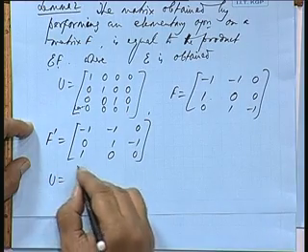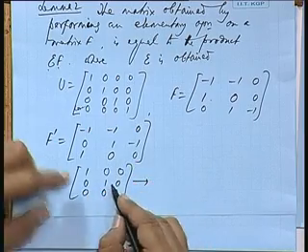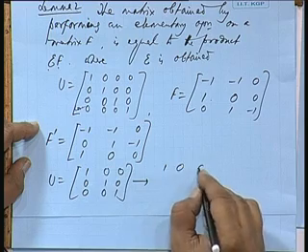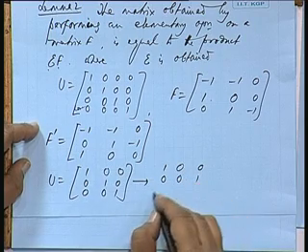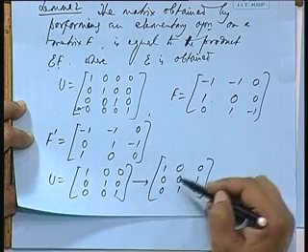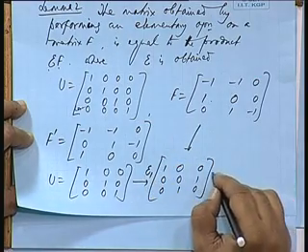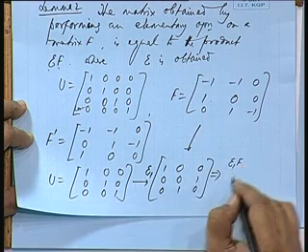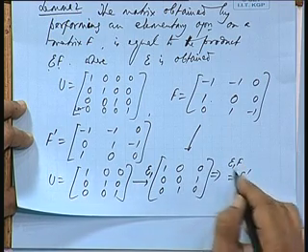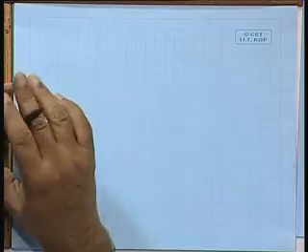Say the unity matrix is 1 0 0 0 1 0 0 0 1. If we interchange row 2 and 3, it will be 1 0 0 0 0 1 and 0 1 0. You can see if I multiply F by this elementary matrix E1, then E1 into F, you can verify yourself, will give me the same F dashed. This property we shall be making use of in generating QF and BF from A.